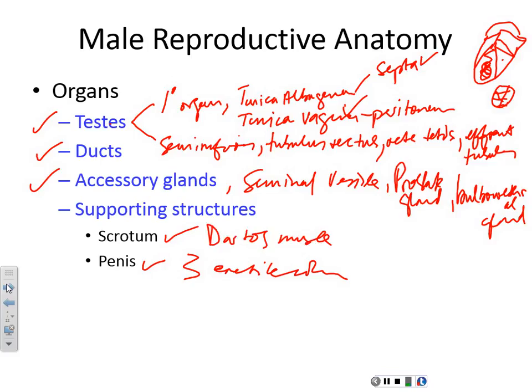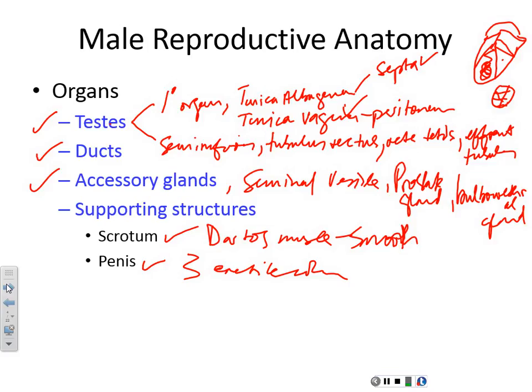Sometimes I may describe it, and then you pick it from a group of words. The dartos muscle is the one that wrinkles up the scrotal sac, the skin, all right? And that one is smooth muscle.